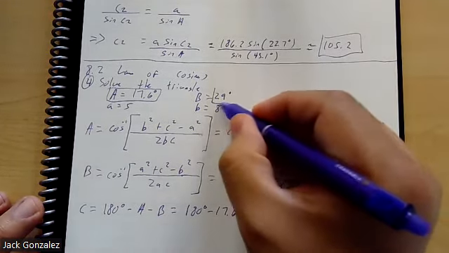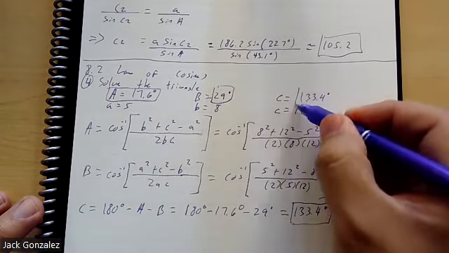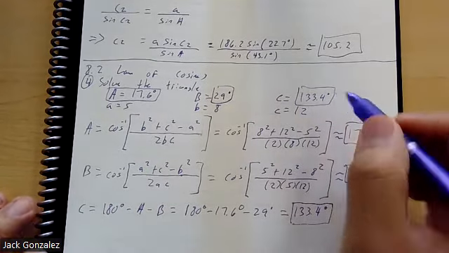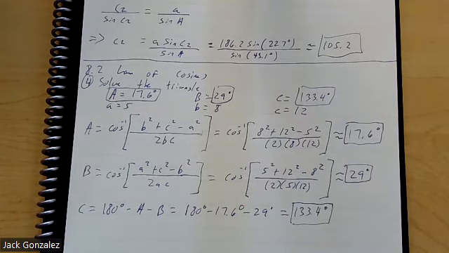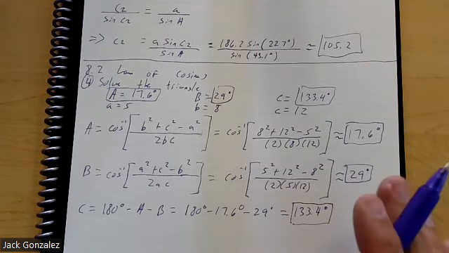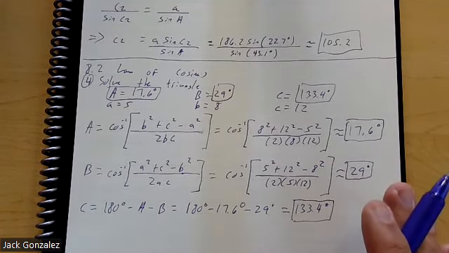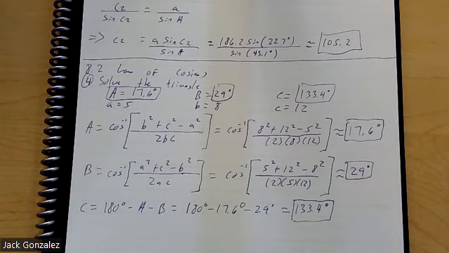So remember, when you're using law of cosines to find angles, you have to have all the sides. If you're missing a side, you cannot use it. So you have to either find the side first or use law of sines. Okay. Any questions on number 4 here? Okay.